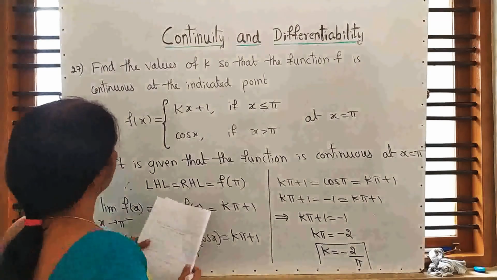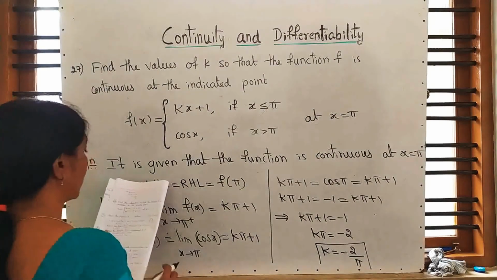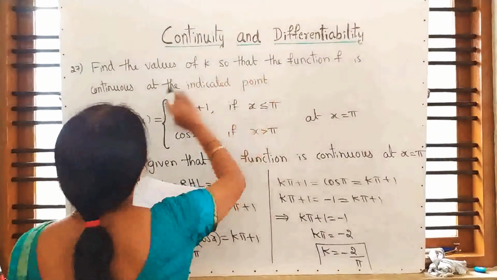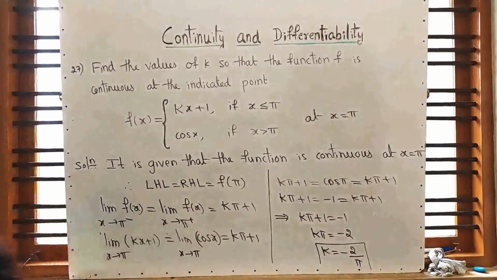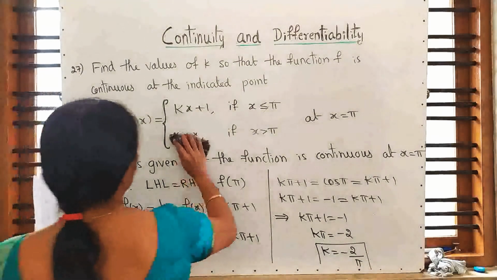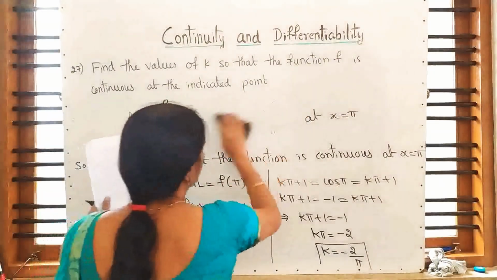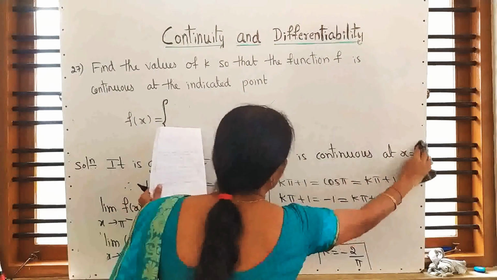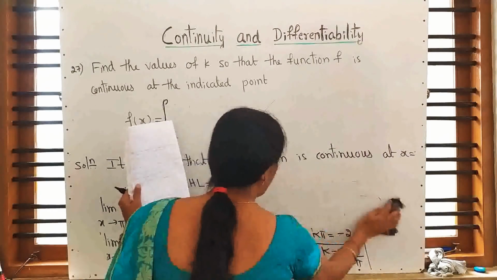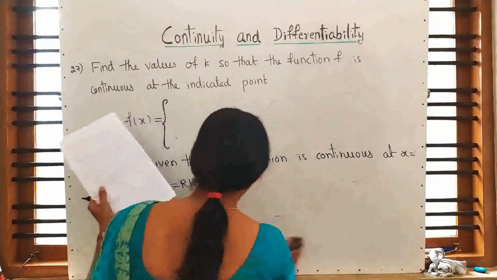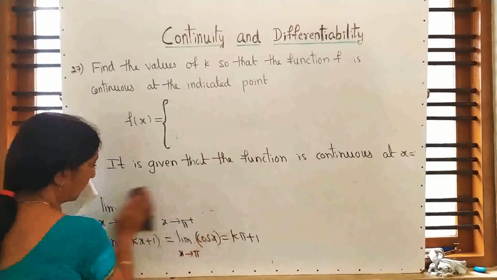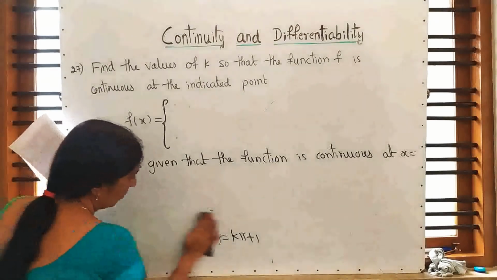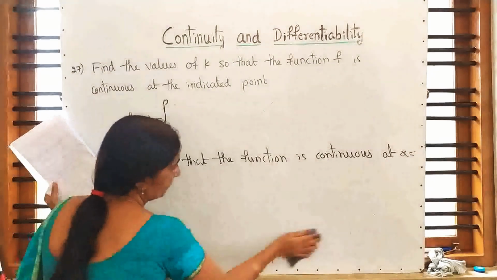Next question, again same. Find the value or values of k so that the function f is continuous at the defined point. Now I know that the students are familiar. They will solve along with me only. Better you take a paper and pen and write down along with me.